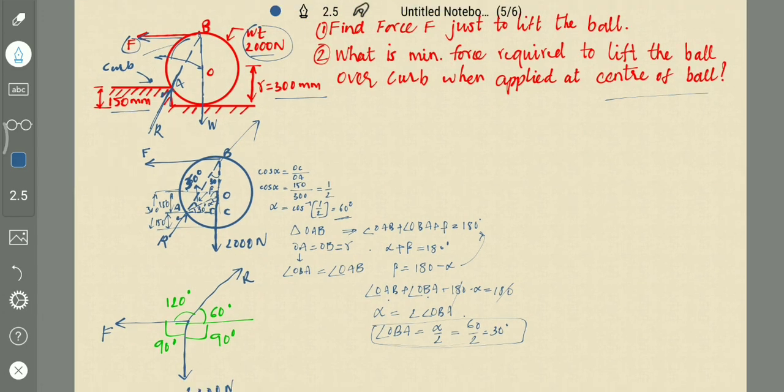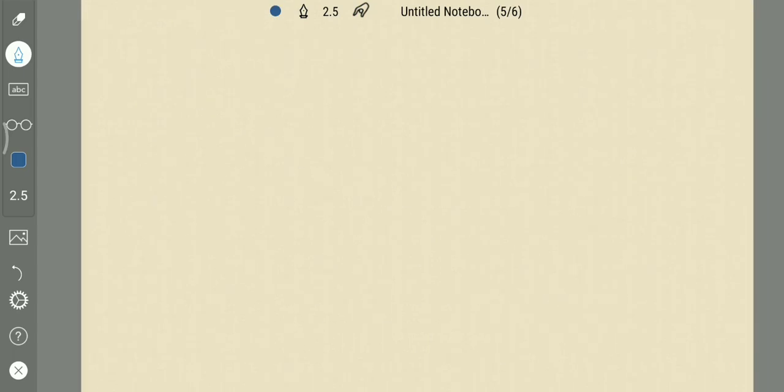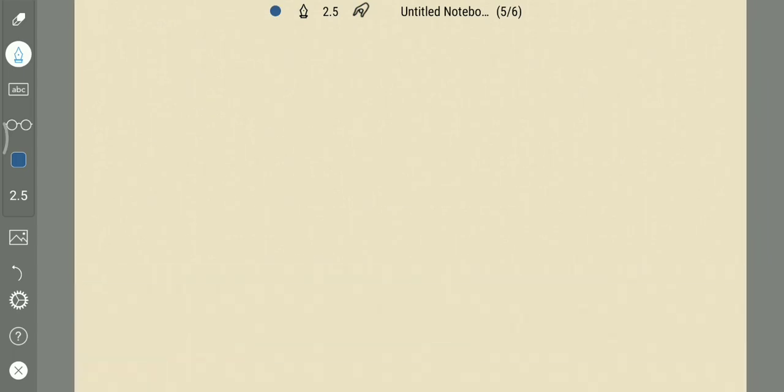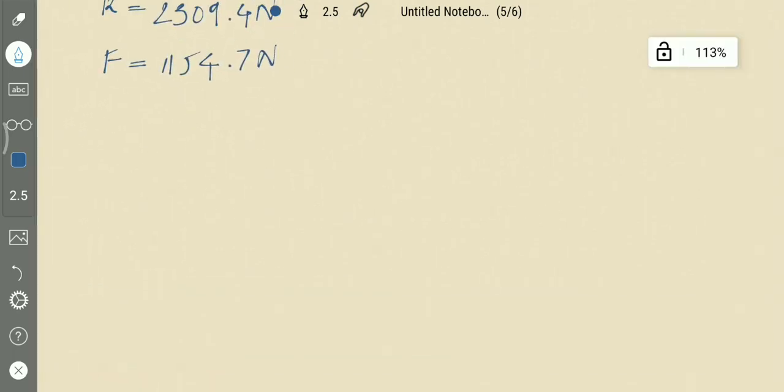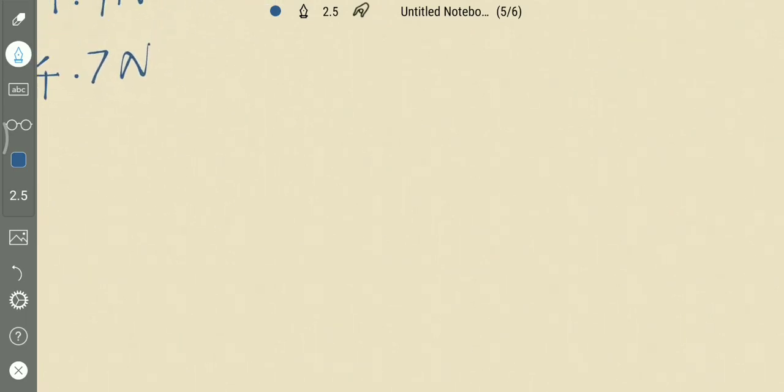And the second one is, if any force is applied at the center of the ball, then what will be the minimum force to lift over the curve? Let us find it now. I'll draw the diagram here.